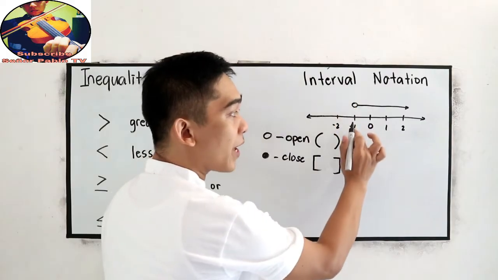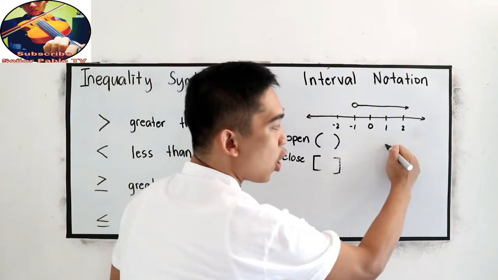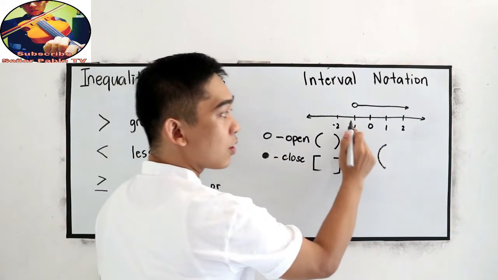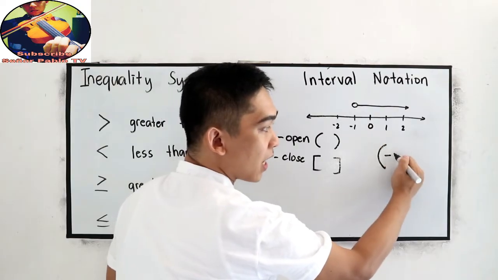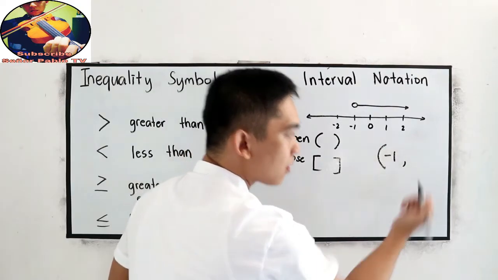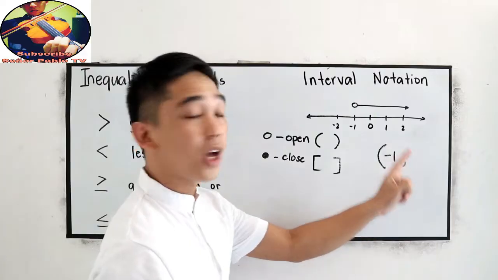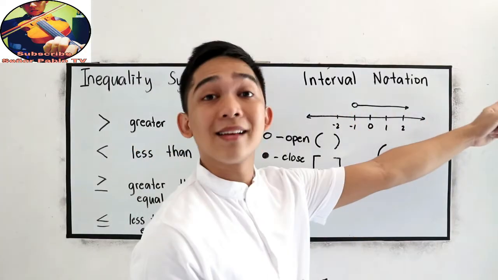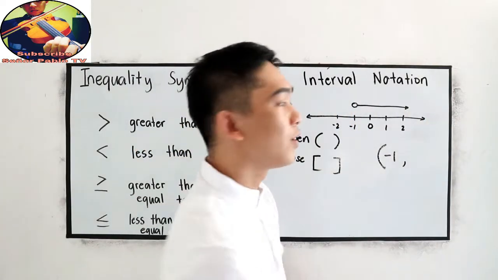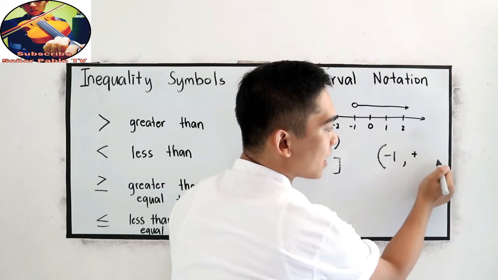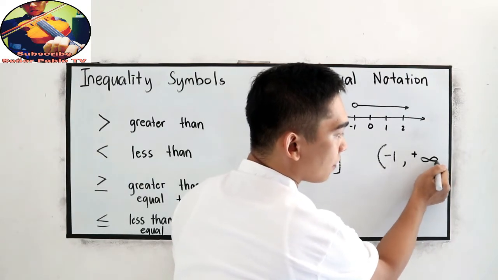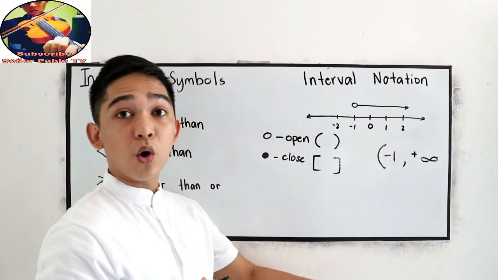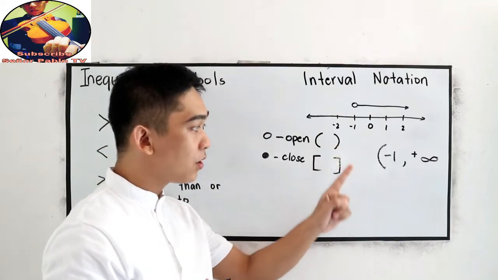Now, let us write this in interval notation. So, open to -1. So, open and write the number -1, comma. Then we're going to positive infinity. Now, what are we going to use, the open or close?